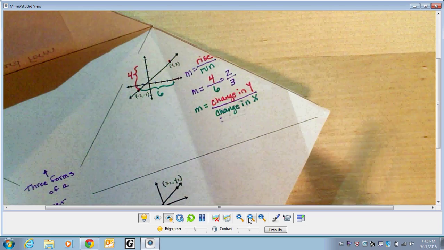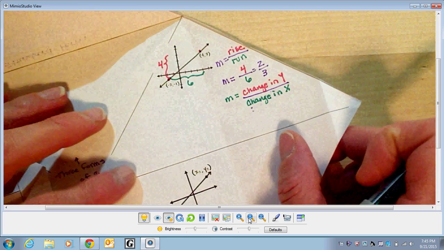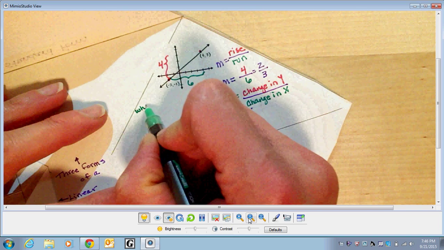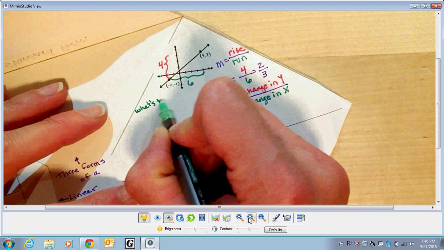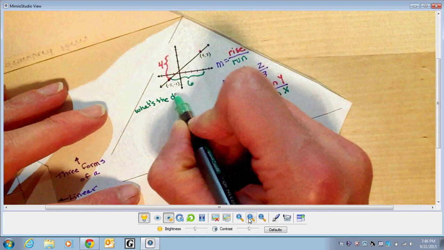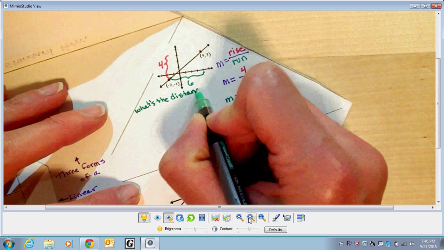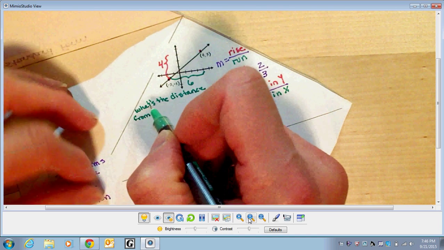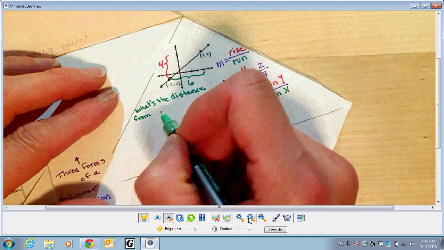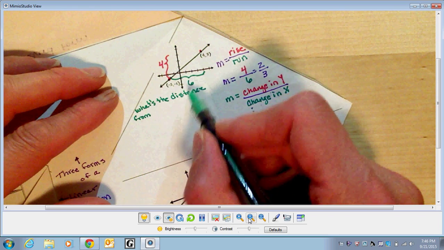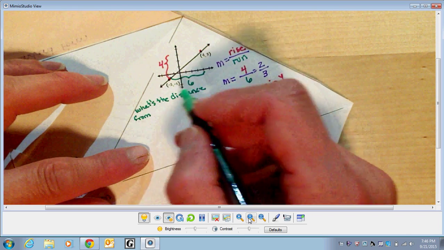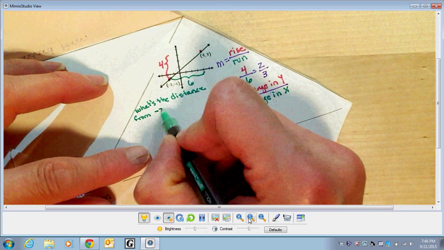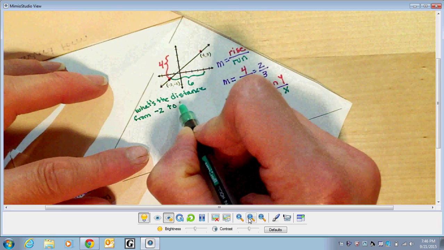So let's talk about one more thing, and then we'll be done with slope, at least for this one. So I want to know what's the distance from, let's see here, the green was our run, so we'll talk about that. What's the distance from -2 to 4?